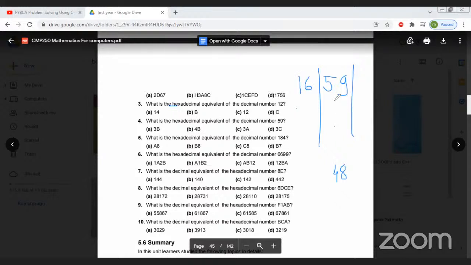So we have to use 16 threes are 48. So 59 minus 48: 9 minus 8 is 1, and 5 minus 4 is 1. So 11. But 10 stands for what? A. So obviously 11 is B. So your answer is 3B. Understood? See, I am trying to show you because otherwise I could have done it in the simple way.